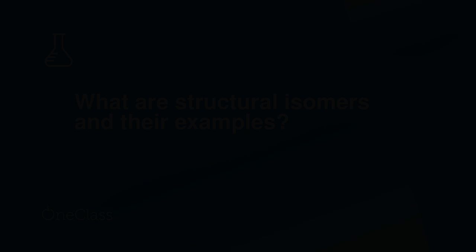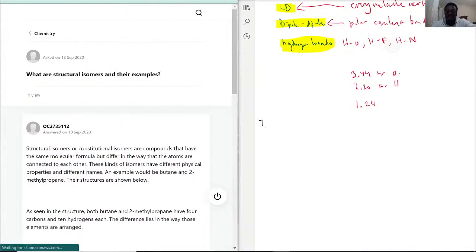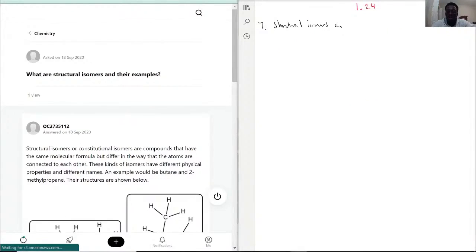Structural isomers and their examples. So with this, structural isomers and their examples, right?